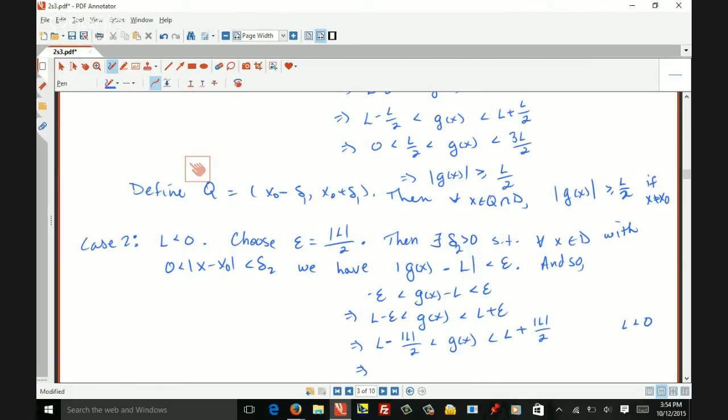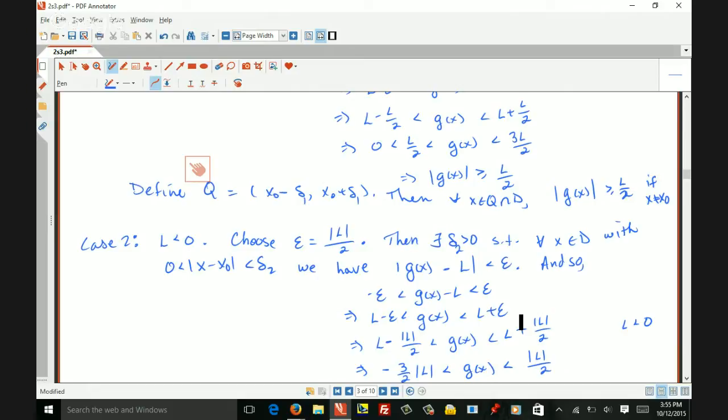This is a minus number and then minus half of that. So that's going to be minus 3/2 absolute value of L. And then over here on this side, this would be absolute value of L over 2, right? Because I'm adding it to a negative value.